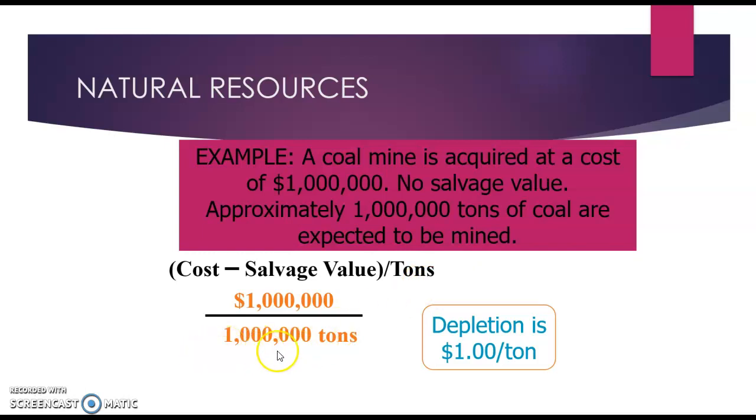Now that may not end up being exactly correct, but we do the best we can. So in this case, we have $1 million, which was our cost. We didn't have any salvage value, so 1 million minus 0 is 1 million on the numerator, and we're dividing that by, we thought, 1 million tons of coal that we could extract. So 1 million divided by 1 million is $1 per ton.